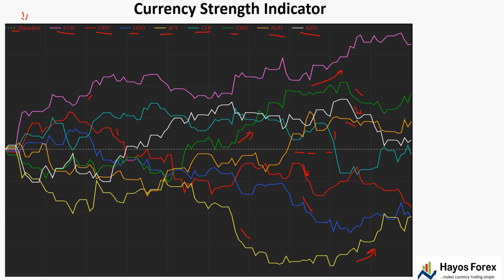Then we combine it with a weakening currency, that is a currency that is falling. This can be below the baseline, or weakening and still above the baseline. That's just what we are looking for.